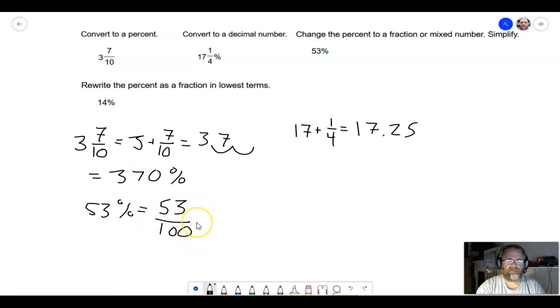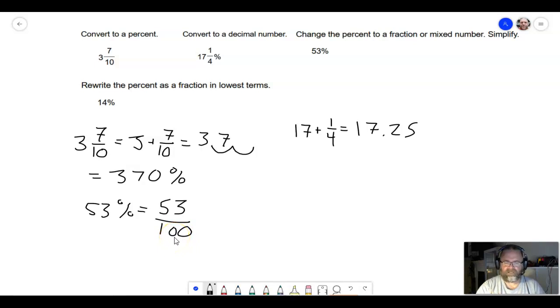And here is our fraction there. And then they want to make sure that we put this in lowest terms or to simplify that fraction. So there's a couple of different ways to do it. One way is if you have a TI-30XS multi-view, you can just do 53 divided by 100.